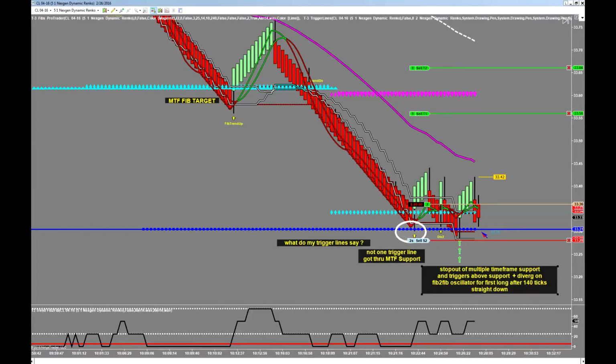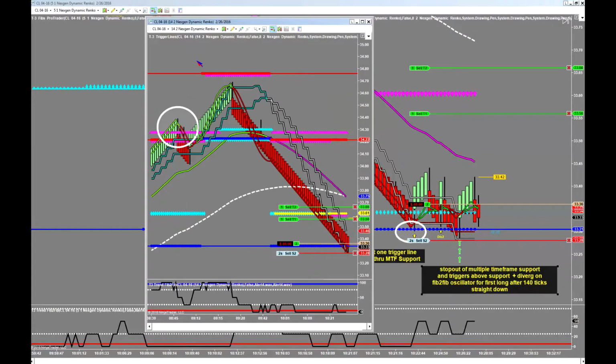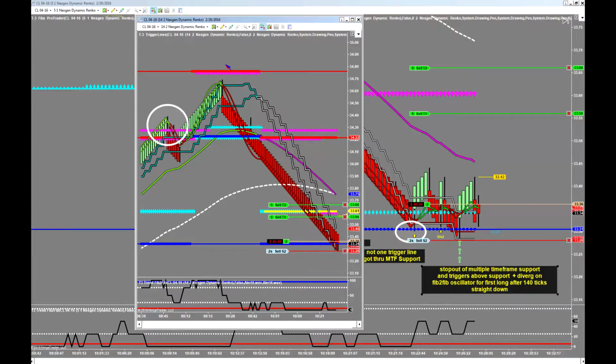And this is the first really long potential after, you know, here's where it happened if we were looking at a big chart. Here's where that same look happened at the top. And you can see, I mean, we went straight down 140 ticks or more.